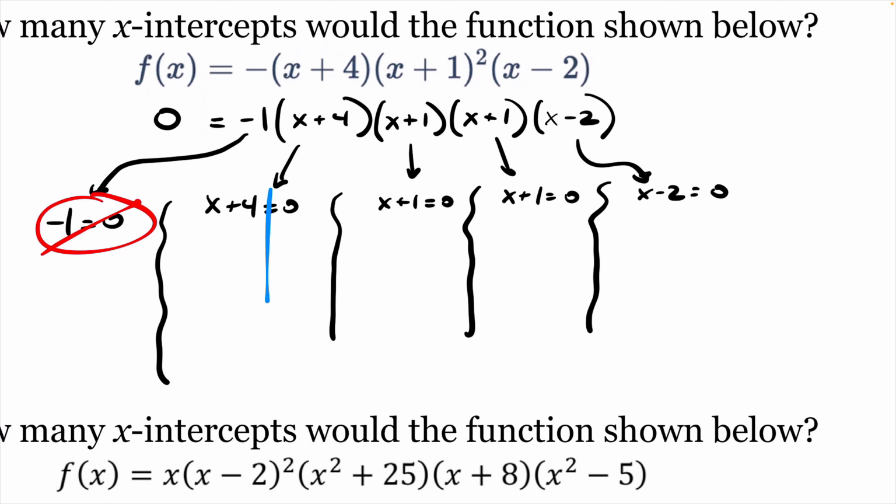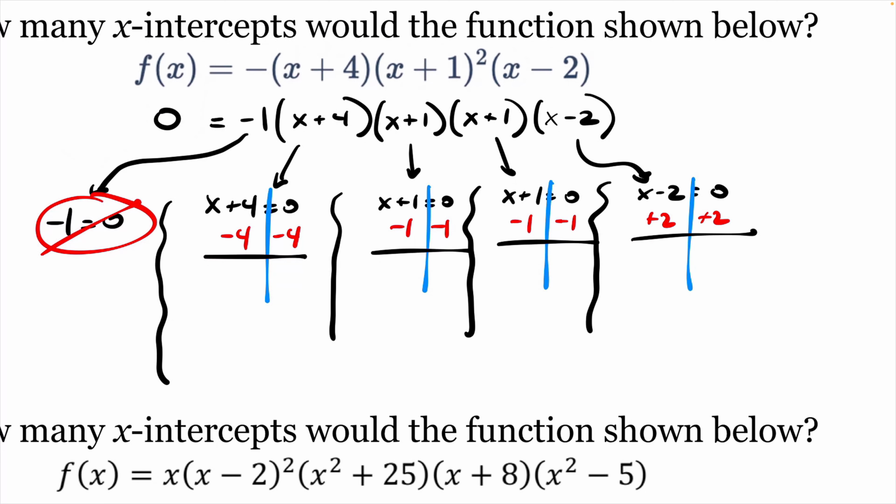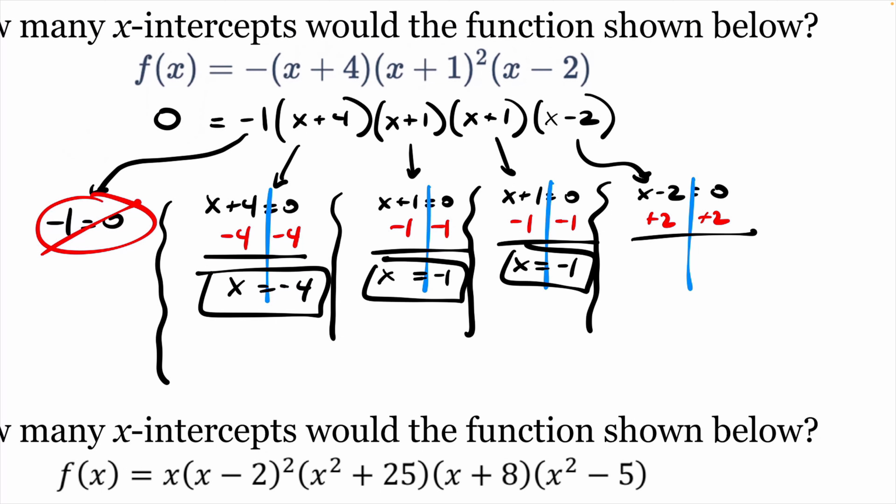So then we solve and get our 4 answers. -4 from both sides, -1 from both sides, -1, and add 2. So we get -4, we get -1, we get -1 again, and we get +2.